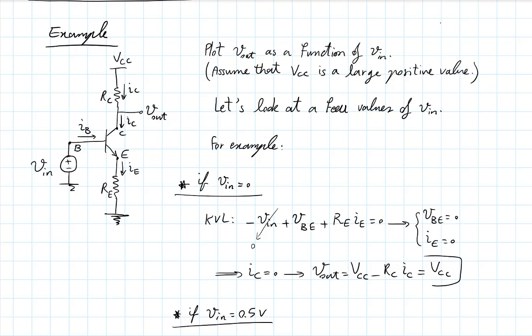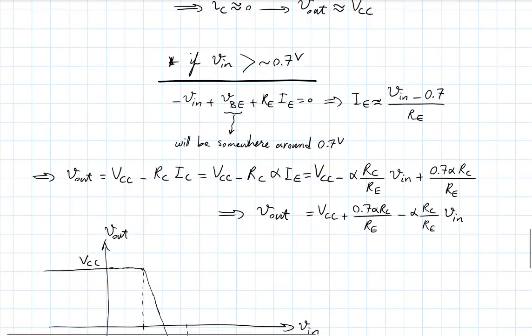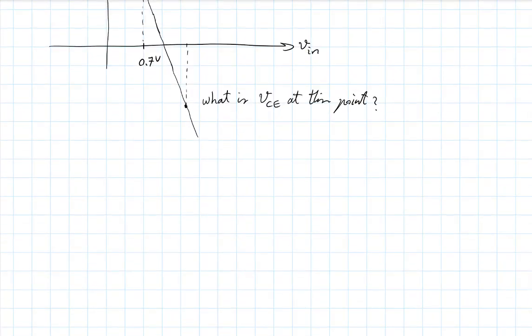VE is only 0.7 below Vin, right? So VE is a positive value. VCE is quite negative at this point. Around here.